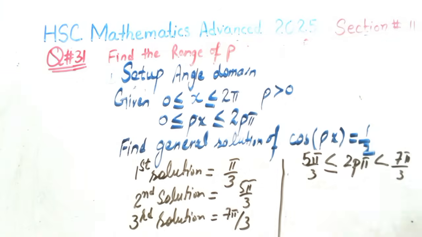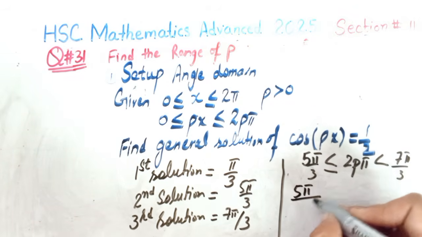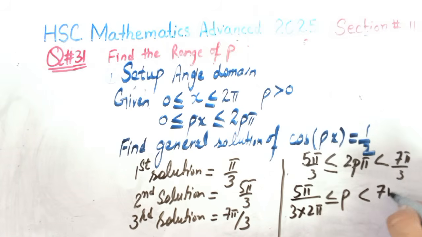Now we will divide all the terms by 2 pi. So 5 pi by 3 divided by 2 pi, and 7 pi by 3 divided by 2 pi.